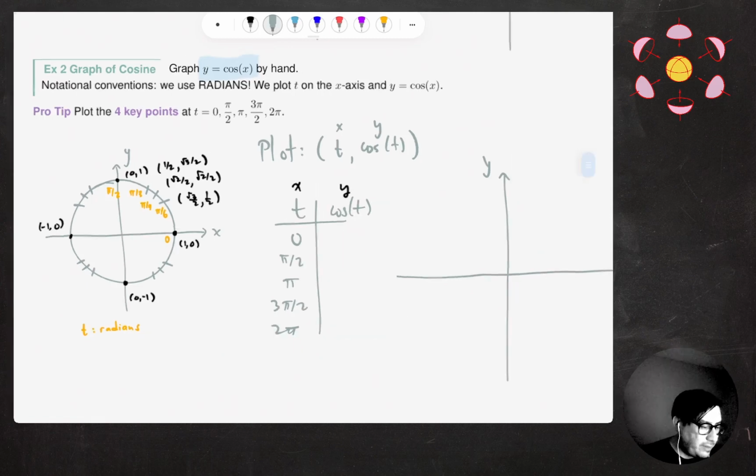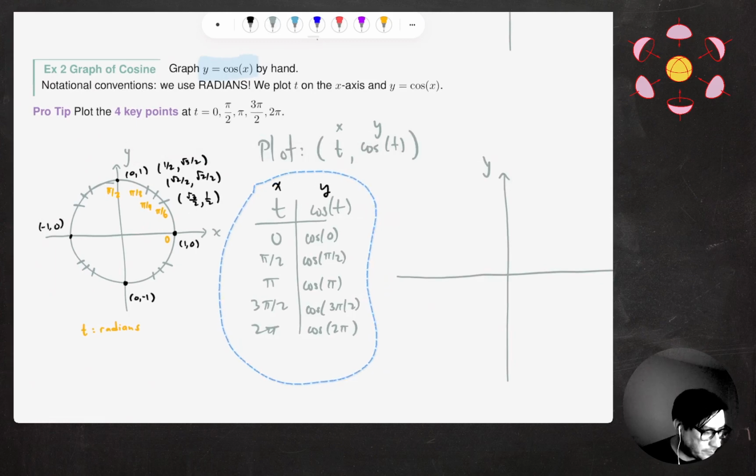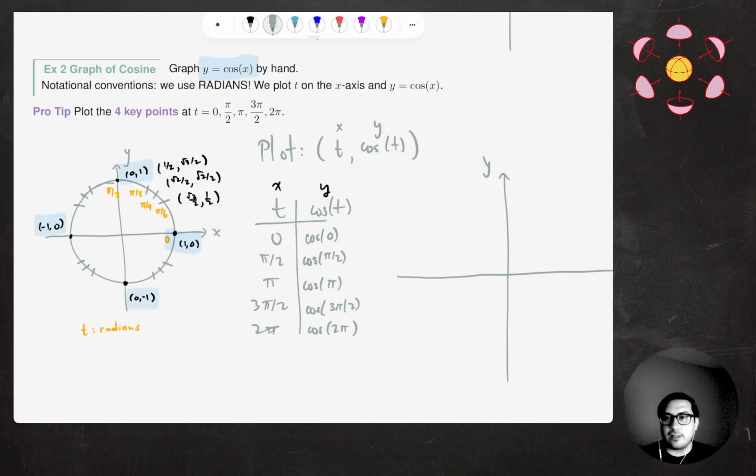As before, we go to our unit circle. We're going to use these key points again, and let's just evaluate them. Cosine of 0 is the x-coordinate of our first point over here, so that's going to be 1.